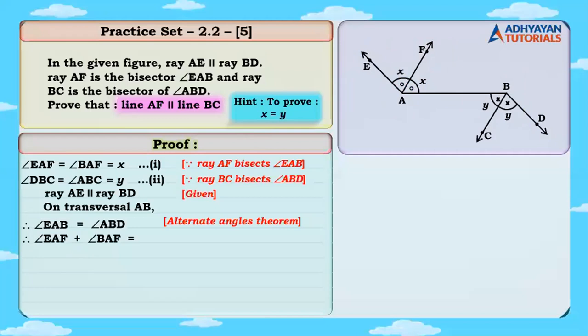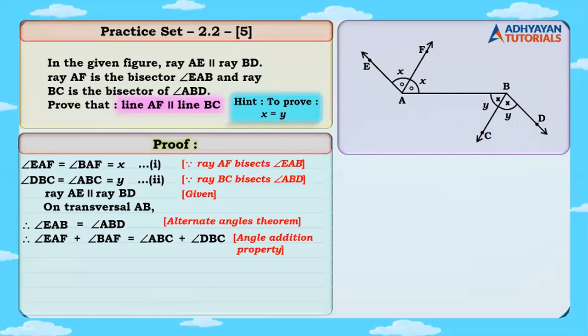Right, ABD can be written as angle ABC plus angle DBC. The reason for this particular statement, children, has to be angle addition property, right? Wherever two small angles are added to form a bigger angle, the reason always has to be angle addition property.